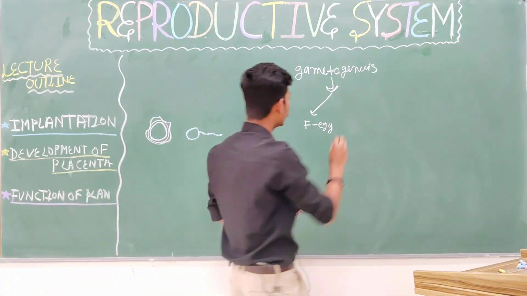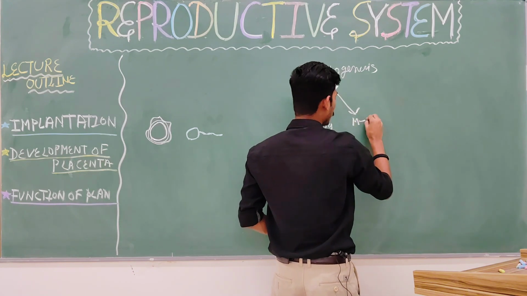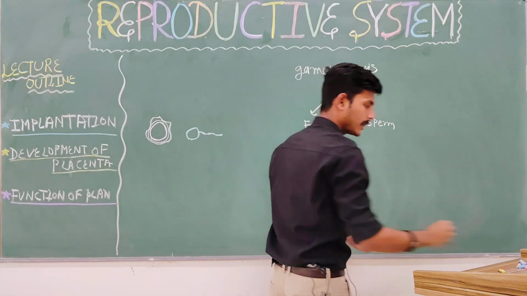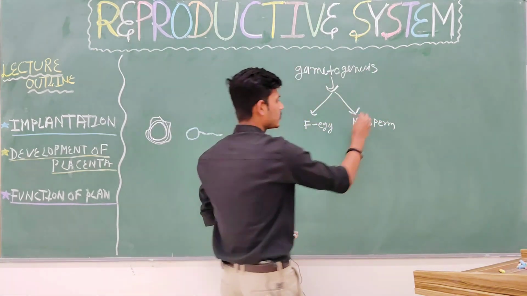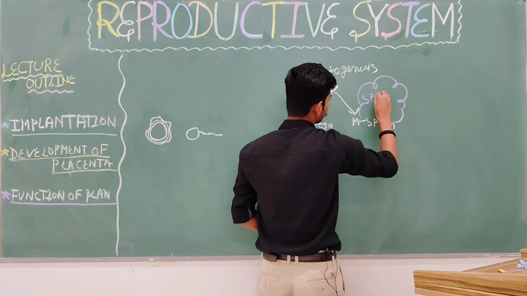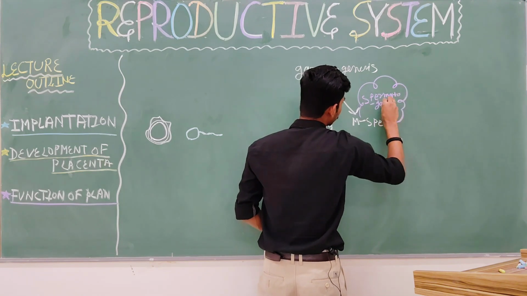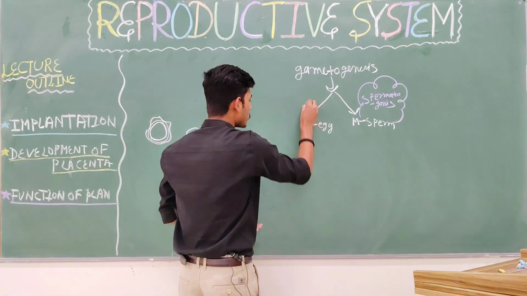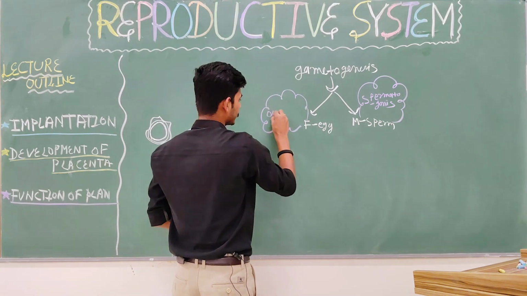Now, in the case of male, what is formed? A sperm. The process of formation of sperm is known as spermatogenesis. And the formation of ova or egg is called oogenesis.